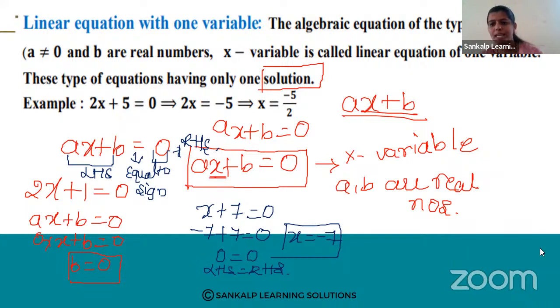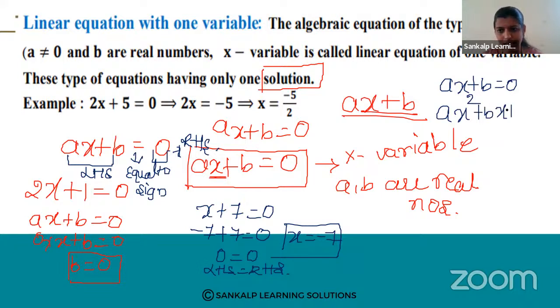So when you call the equation a quadratic, when the variable power is 2, then you call it a quadratic equation. So ax plus b equal to 0, this is a linear equation. ax square plus bx plus c equal to 0, this is a quadratic equation with one variable. I am telling, with one variable. Okay.